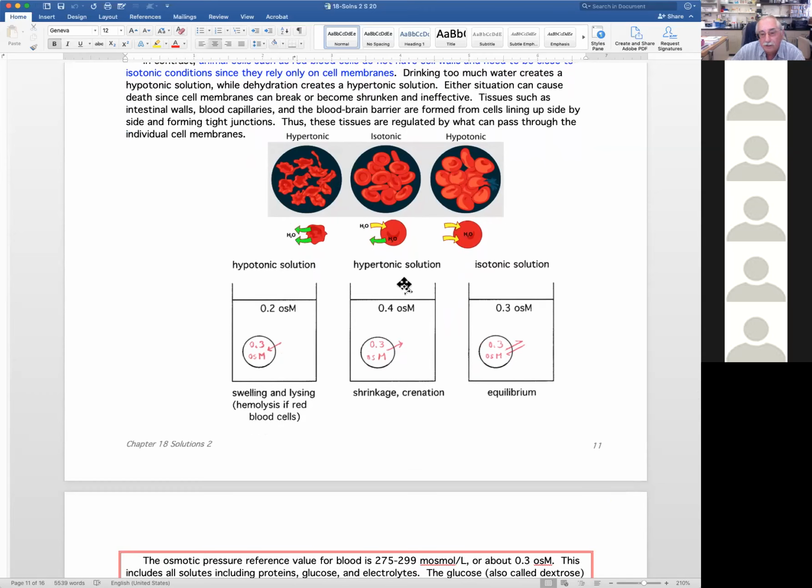Here's this one over here, the one that I drew. What does that mean? I have more solute outside the cell than I do inside the cell. So where is water the most concentrated? Inside the cell. Which way will osmosis of water occur? It will go outside the cell.